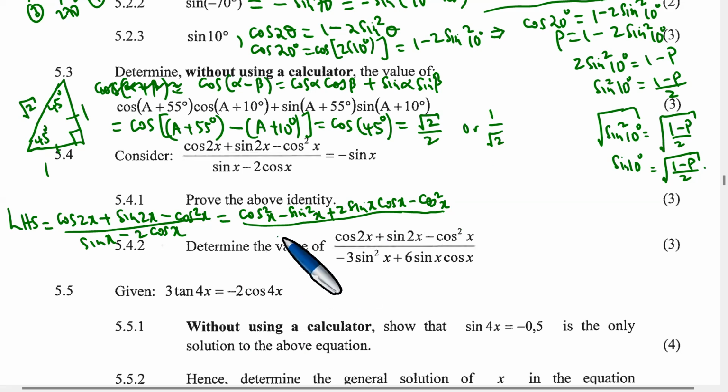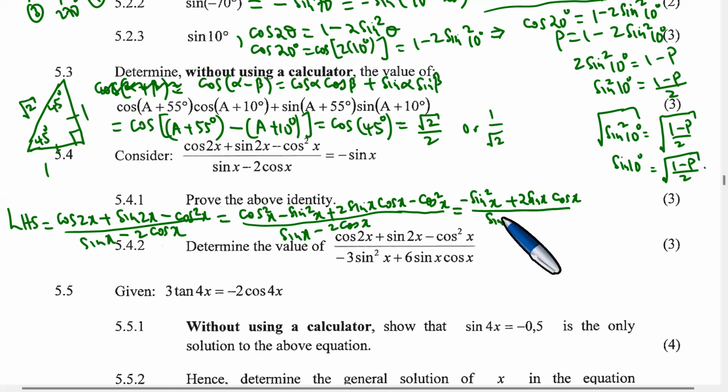The denominator can be written as it is, sine x minus 2 cosine x. Right. So cosine squared and cosine squared cancel out. Cosine squared minus cosine squared, they cancel out. And they leave us with minus sine squared x plus sine x cosine x. You divide everything by sine x minus 2 cosine x.